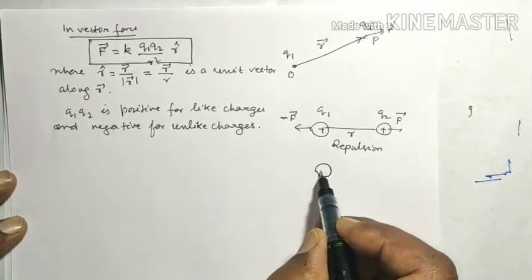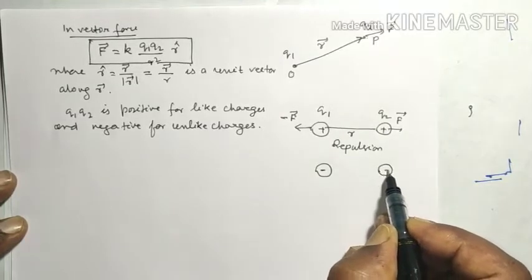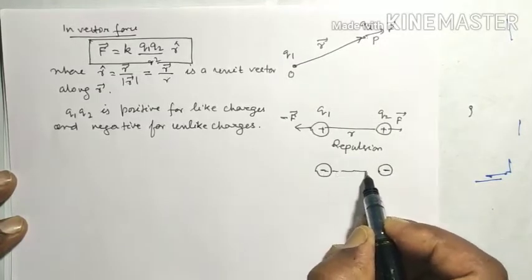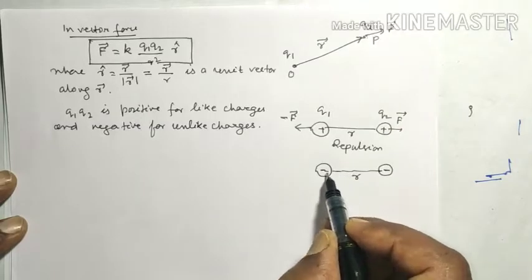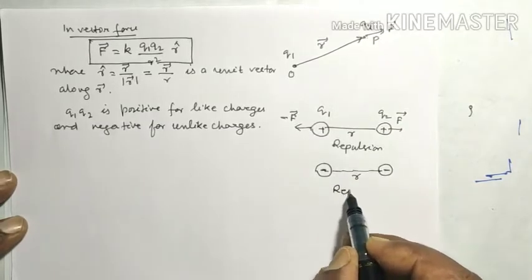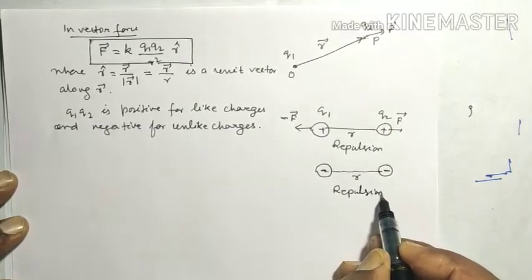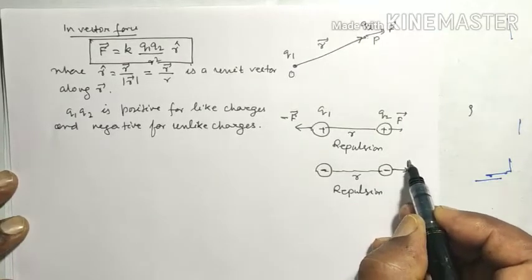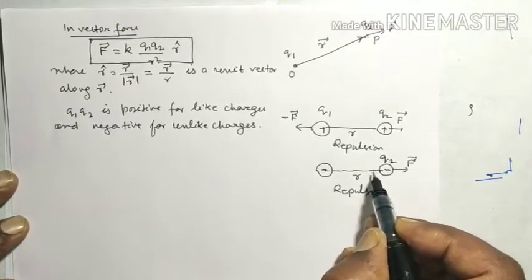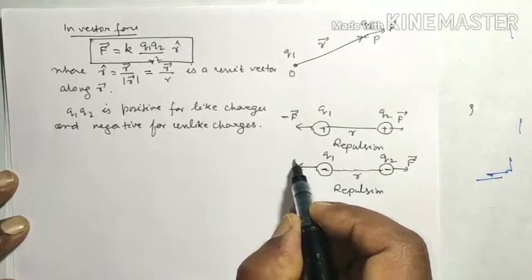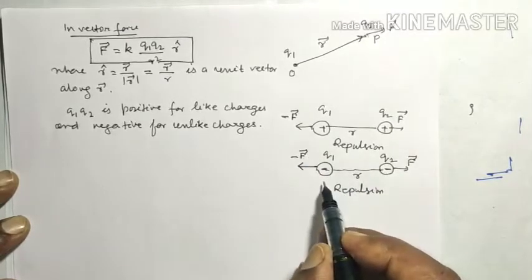Similarly, we consider two negative point charges that are separated by the distance r. So this is also the case of repulsion. Force F on Q2 due to Q1 and force minus F on Q1 due to Q2.